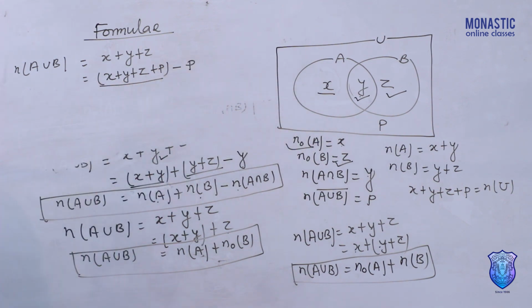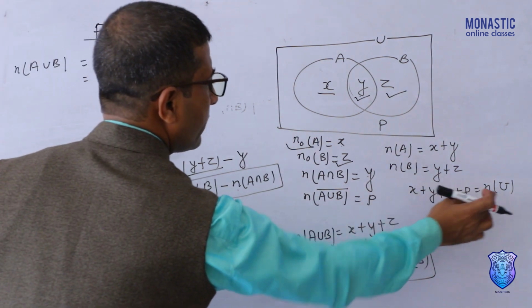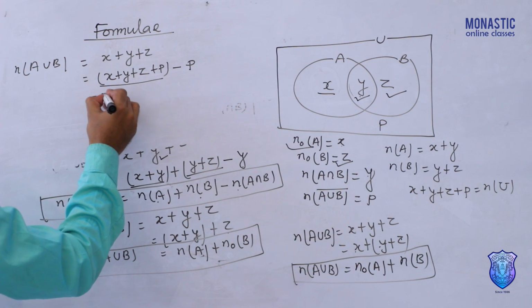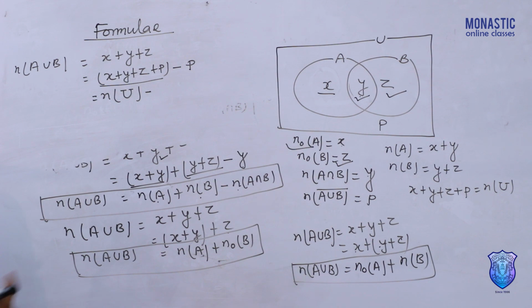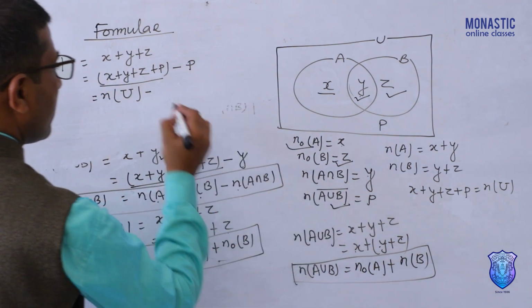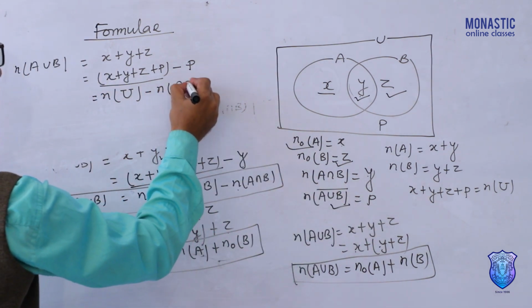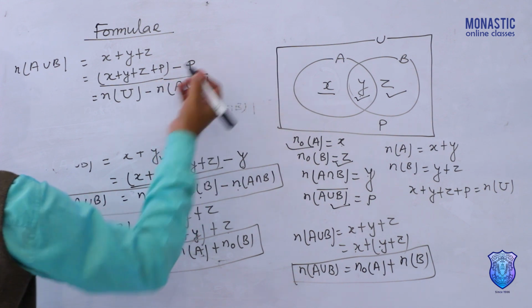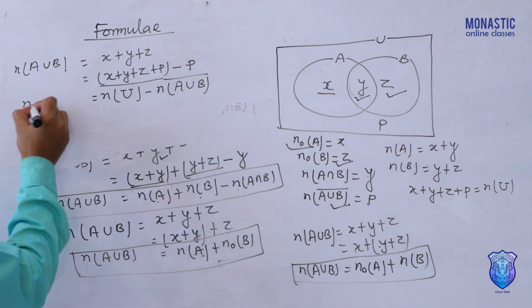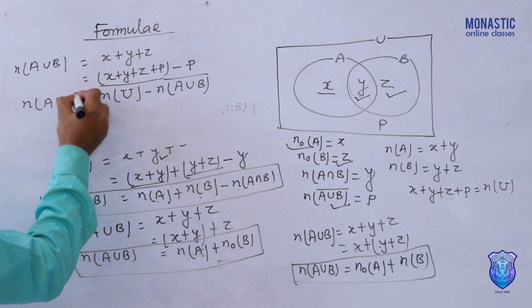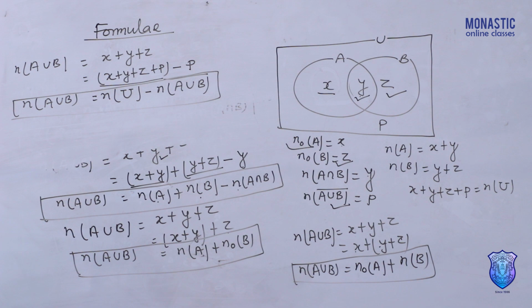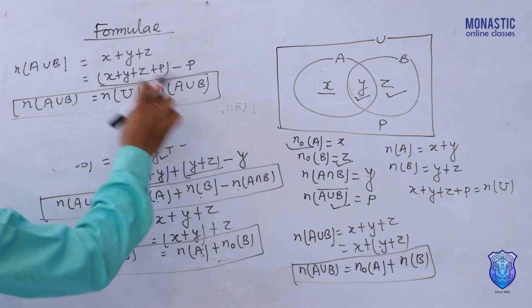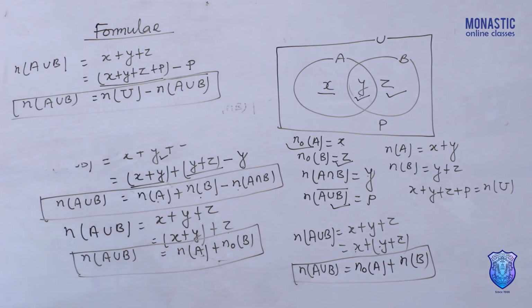So this x plus y plus z plus p, this whole represents number of universal, minus p is number of A union B complement. So we have the fifth formula: number of A union B is number of universal minus number of A union B complement.